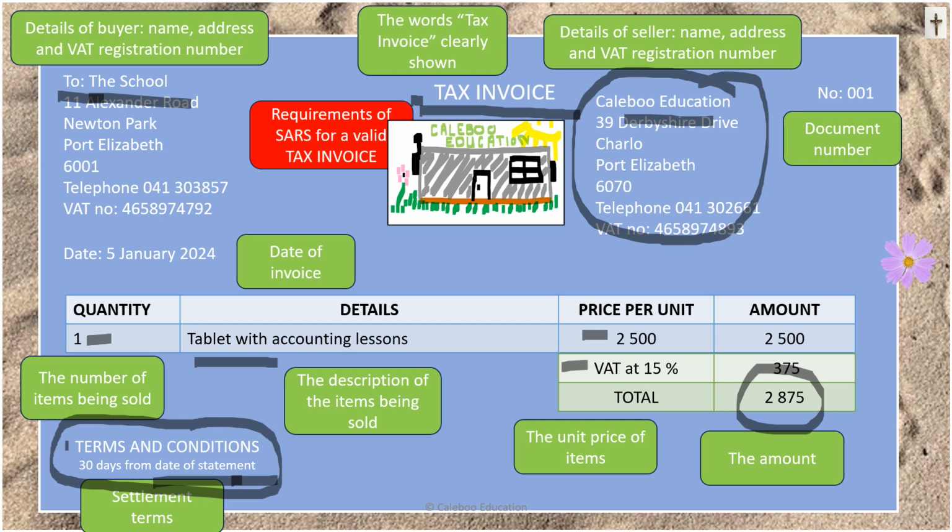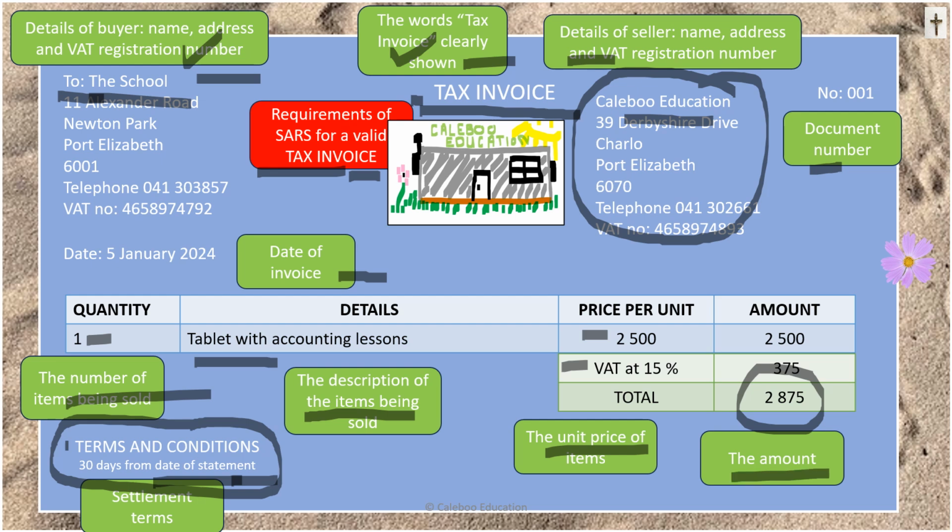There you can see in green what's required by revenue services to make this an official document. So we've got the details of the buyer, the details of the seller. It must say tax invoice, document number, the date of the invoice, the number of items being sold, what items were being sold, the unit price, the amount, and importantly, the terms and conditions of a sale on credit.